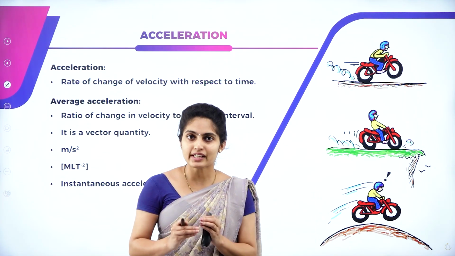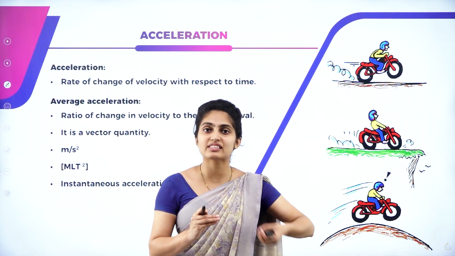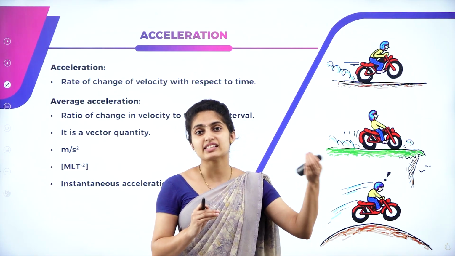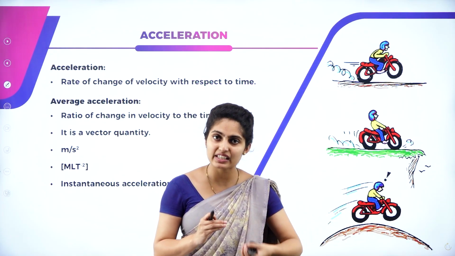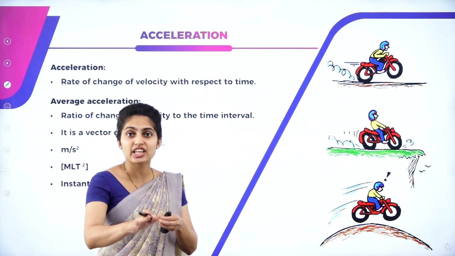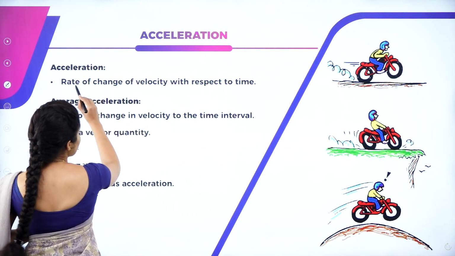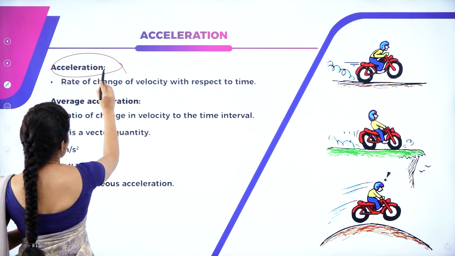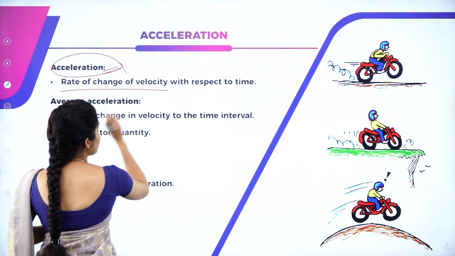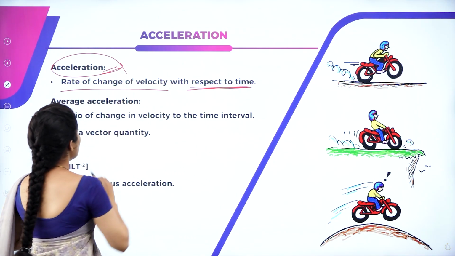If it covers unequal distance in equal intervals of time, its speed increases as it goes further, or its speed decreases as it goes further. Either way, there is a change in its velocity, which is nothing but acceleration. Acceleration means rate of change of velocity, the change in speed with respect to time.